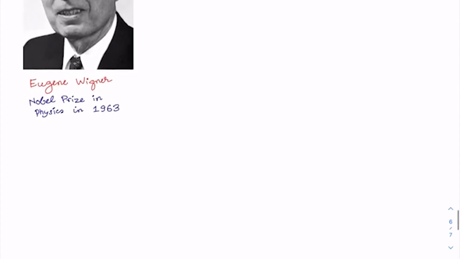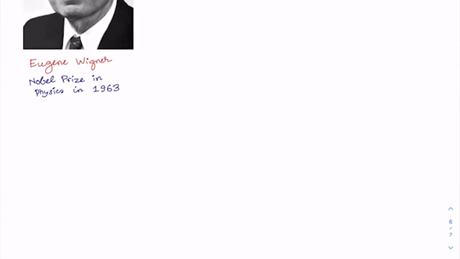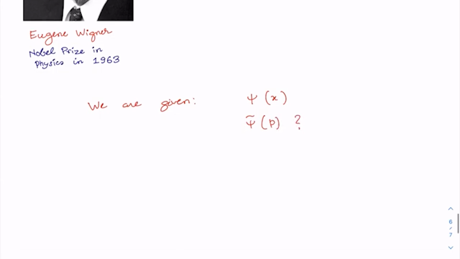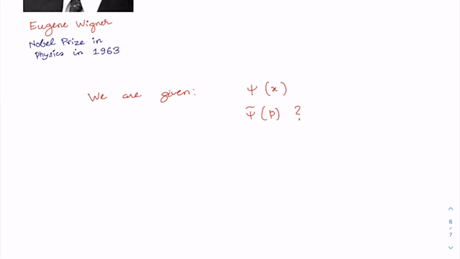Let us say we are given the wave function psi of x in position space, and we want to know the wave function in the momentum space. Let me denote it by psi tilde of p. So what is this? All of us know that this can be done mathematically by taking the Fourier transform of the wave function psi of x.